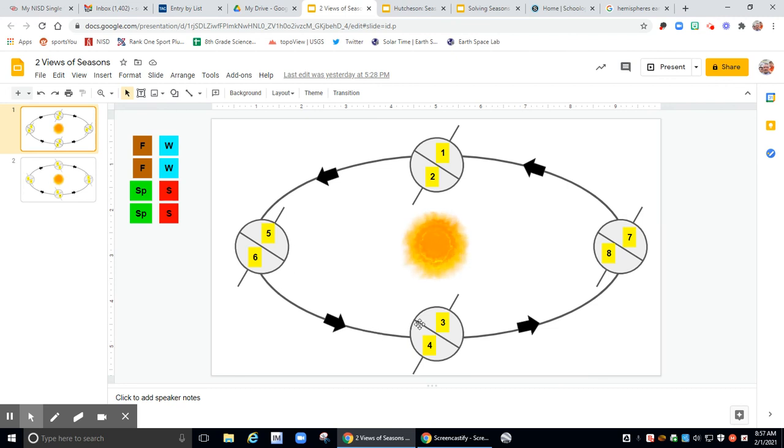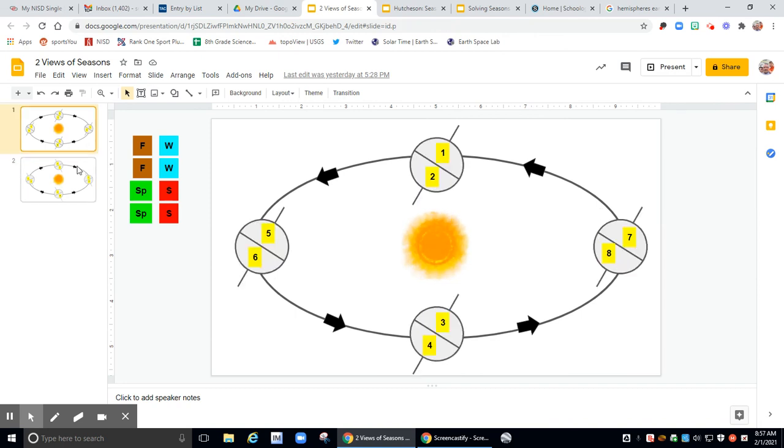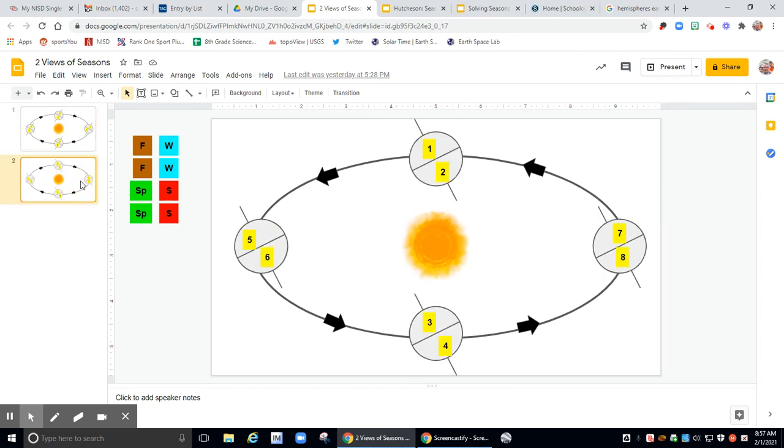So you have this diagram, and then this other diagram is the same diagram, just with the axis tilted in a different direction because you're on the other side of the solar system. Okay. So again, we'll spend some time in class talking about that over the next couple of days. You'll have a couple of activities that you'll have to do to show that you understand when the seasons start and why the seasons start, and then what is going on during those seasons.